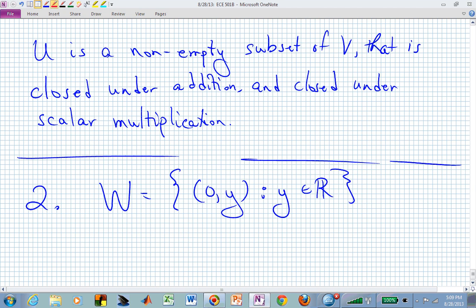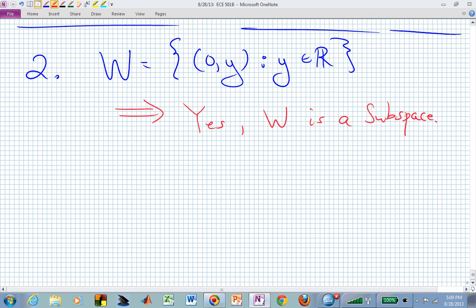Subspace or not? It's very similar to the previous one, isn't it? And we could show this if we wanted to. Let's just conclude that yes, W is a subspace based on the same argument that we just presented for capital U before.